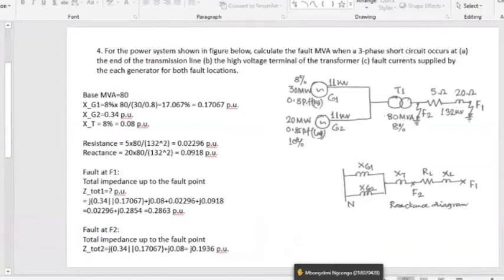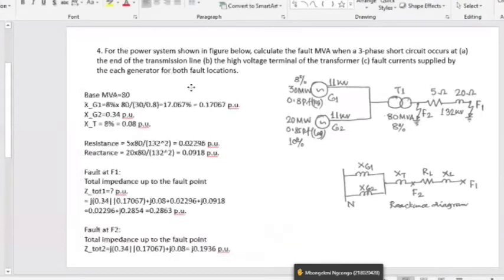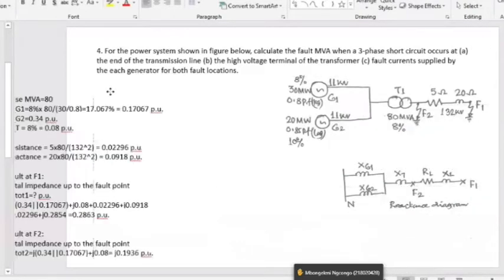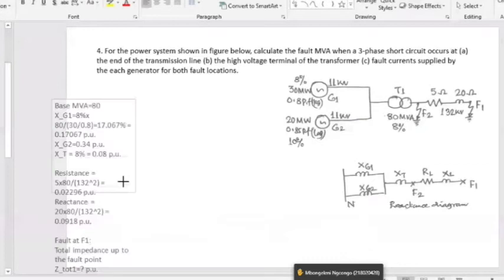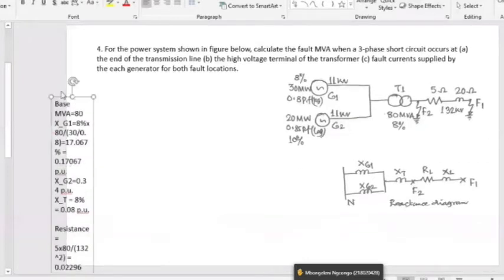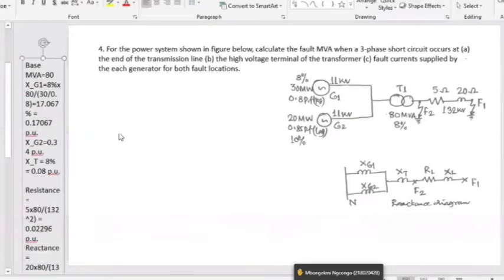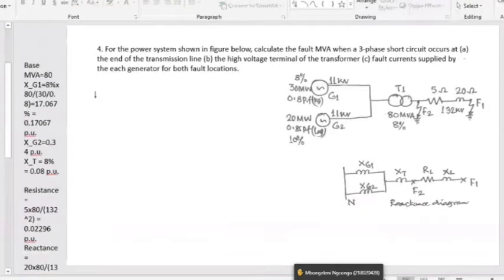So I can go to the next slide, or should I type here? Okay, I can keep it here, not deleting. So we want to calculate the fault MVA1 corresponding to fault 1.